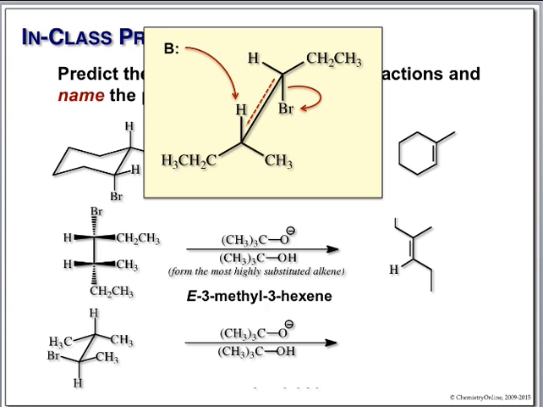So we don't have to worry about stereochemistry, do we? We are simply going to do the elimination, going to pull off this hydrogen, the bromine is going to leave, and we will wind up with an alkene. Again, because we have 2 methyls on one of the alkene carbons, there's no stereochemistry to worry about.